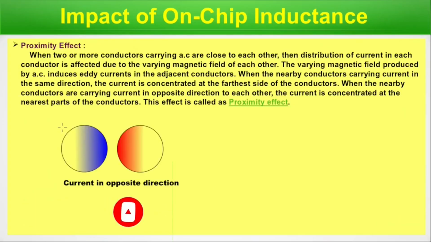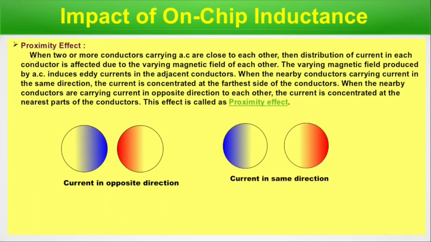Impact of on-chip inductance. Now proximity effect. When two or more conductors carrying AC are close to each other, the distribution of current in each conductor is affected due to the varying magnetic field of each other. The varying magnetic field produced by AC induces eddy currents in the adjacent conductor.